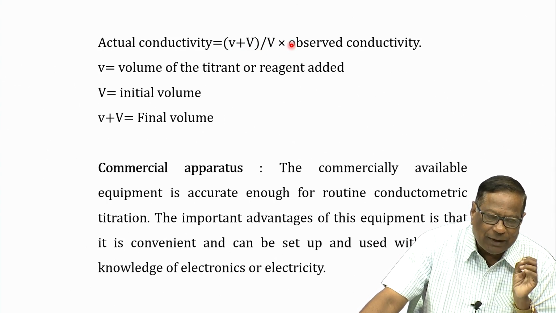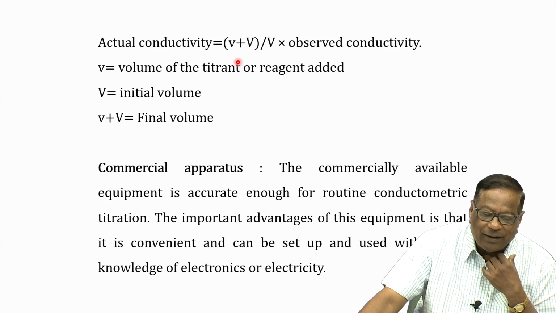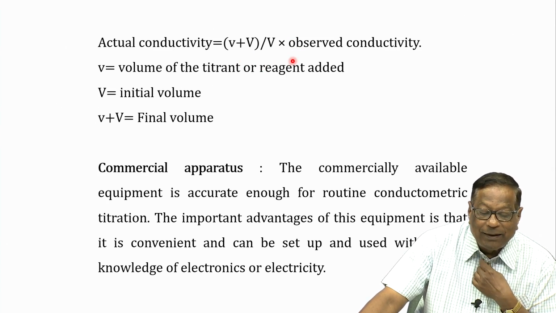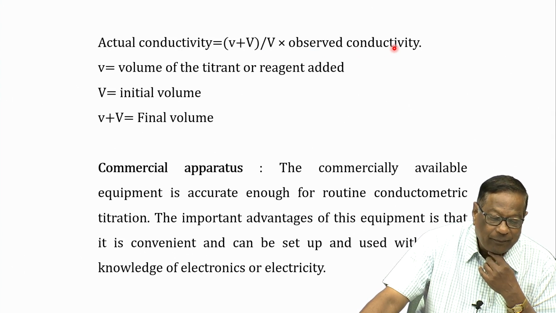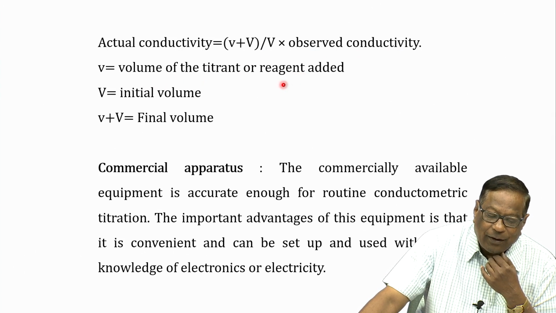So, we have to make a small correction. The actual conductivity would be the observed conductivity multiplied by the total volume divided by the initial volume, where v is the volume of the titrant or reagent added, capital V is the initial volume, and V plus v is the final volume.